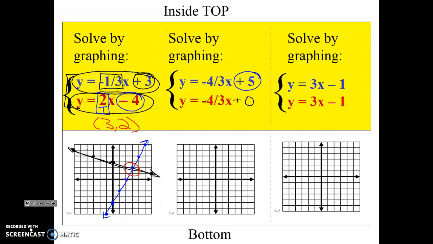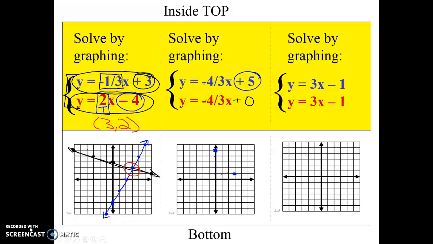So we're going to go up 1, 2, 3, 4, 5, and we're going to put a point at 5. And then from there we're going to go down 4 and to the right 3. So we're going to go down 1, 2, 3, 4, and then to the right 1, 2, 3, and we're going to put a dot there. We can continue this pattern by going down 4 and to the right 3.